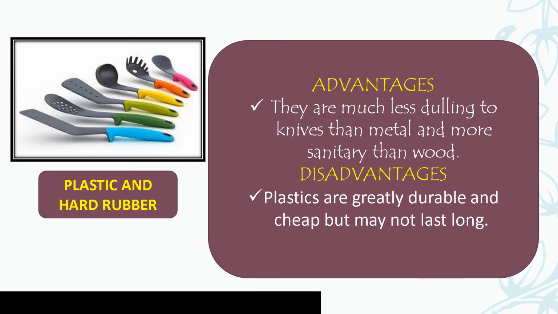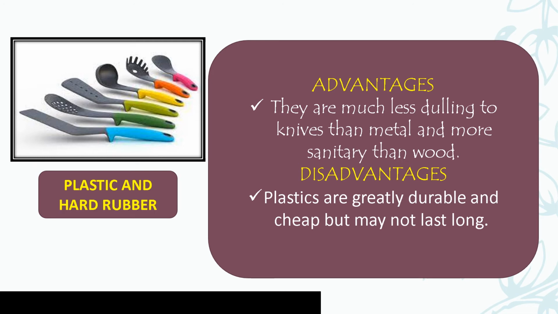So, we also have here the plastic and hard rubber. It is commonly used for kitchen tools like spatula, flippers, spoons, serving spoons, just like that. The advantage of this is they are much less dulling to knives than metal and more sanitary than wood.